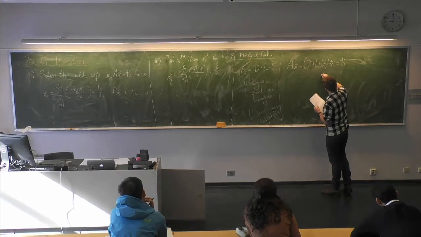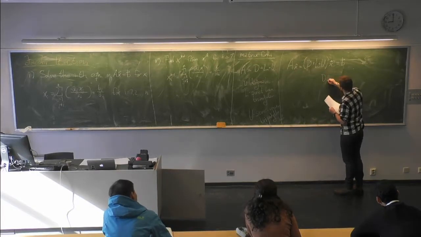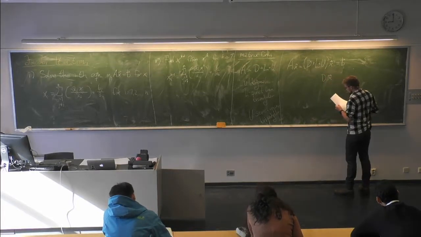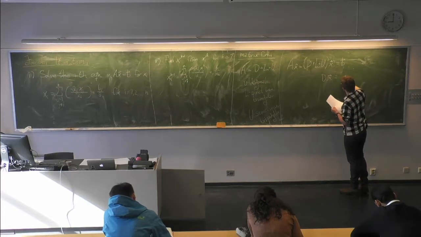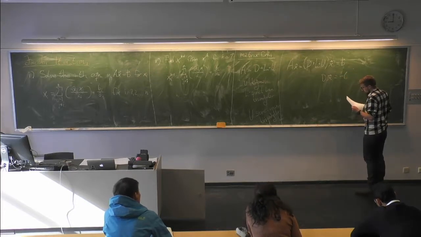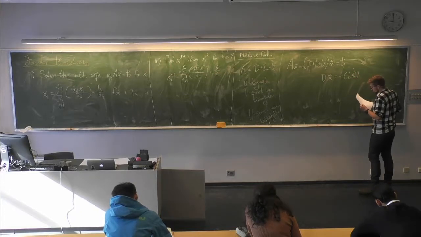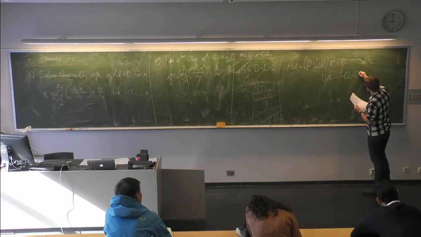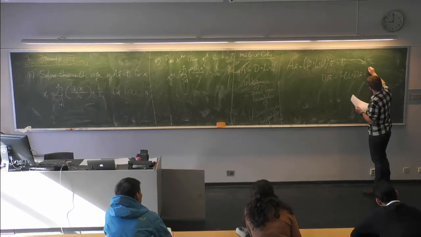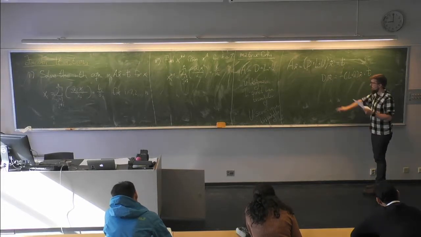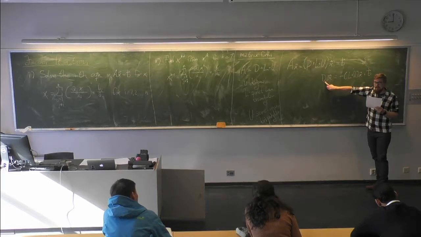Or the diagonal times x equals minus (L plus U) times x plus b. And then we can invert this, and that's a diagonal matrix. I'll show a trick how to invert diagonal matrices.